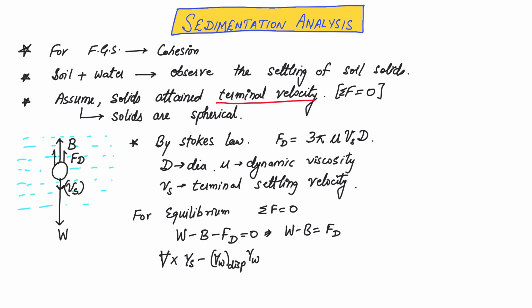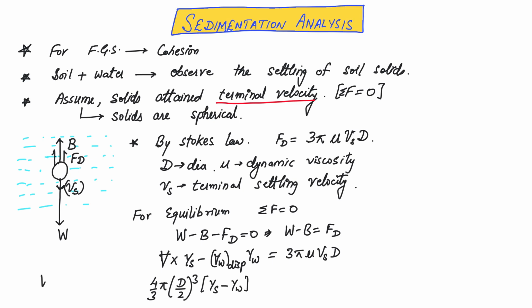So volume into gamma s minus gamma w is equal to the drag force, that is 3 pi mu Vs d. Now put the value of the volume of the sphere, 4 by 3 pi r cube. Instead of r I am putting d by 2 cube, and now gamma s minus gamma w.